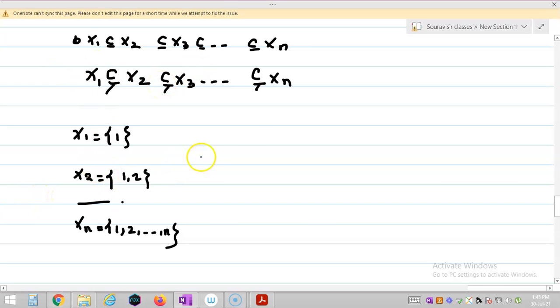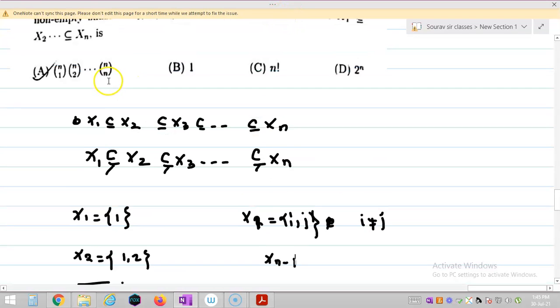Now observe that if x1 contains more than one element, suppose x1 contains any two elements i, j, such that i is not equal to j. Then as x1 is a proper subset of x2, x2 contains at least 3 elements. Then x3 contains at least 4 elements, and in such a way xn minus 1 contains n elements.